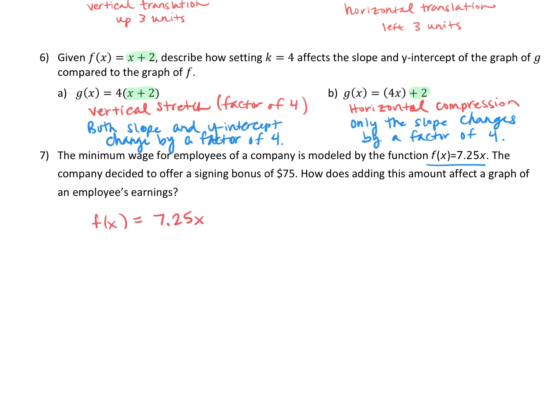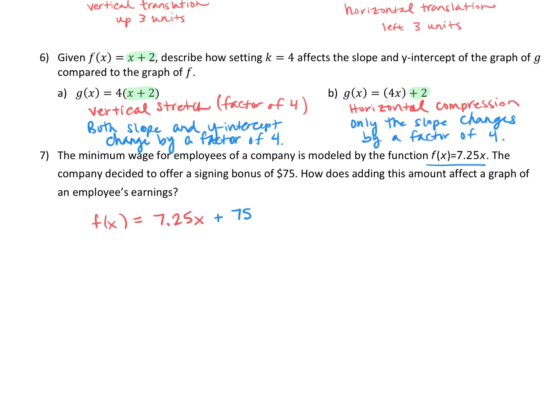So we take the number of hours worked multiplied by 7.25. Now, the company is trying to hire some people. Hey, come work for us. So they're offering a signing bonus of $75. What that means is that in addition to paying this hourly wage, they're going to add on a $75 signing bonus.